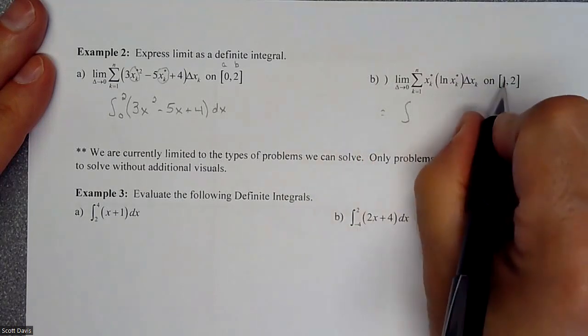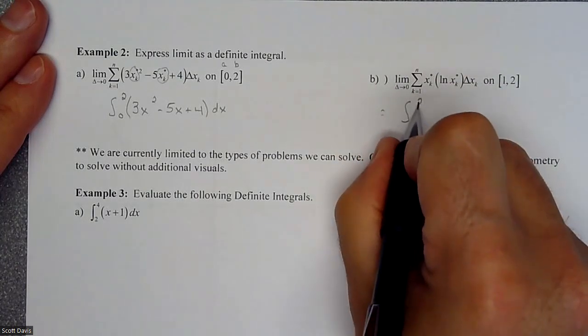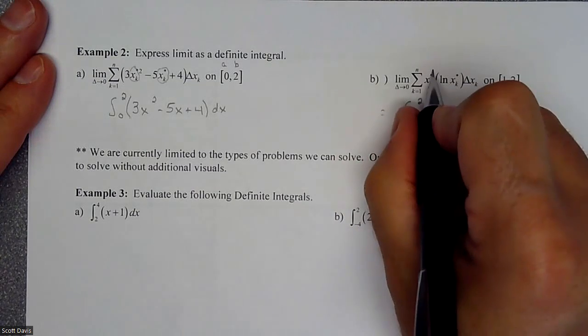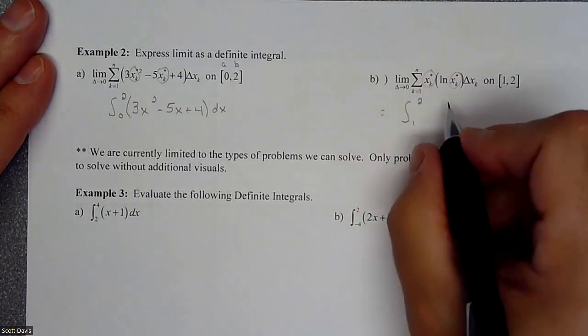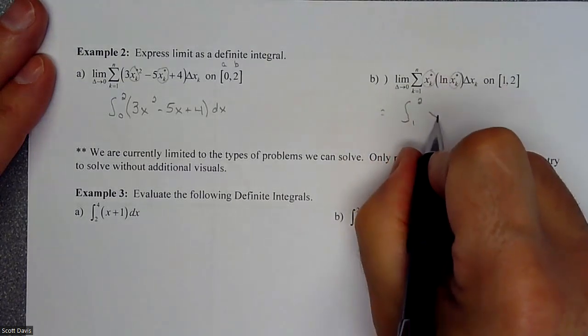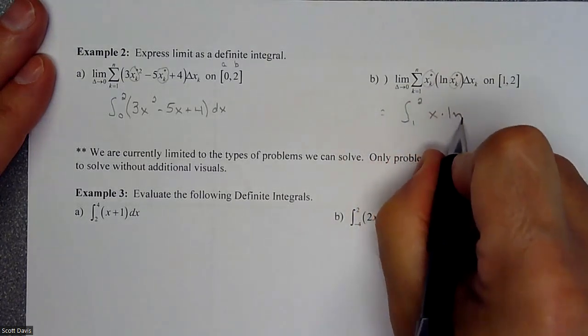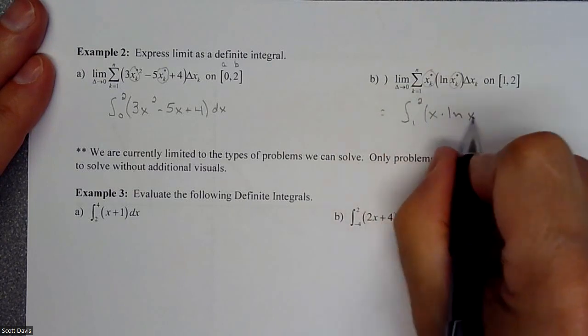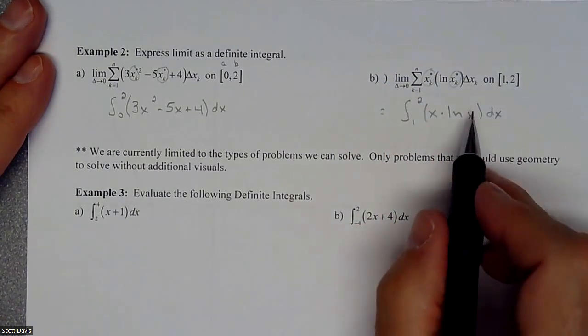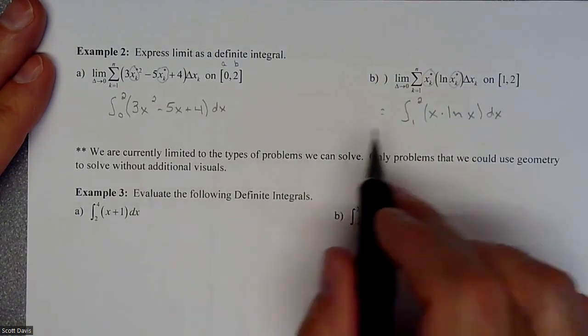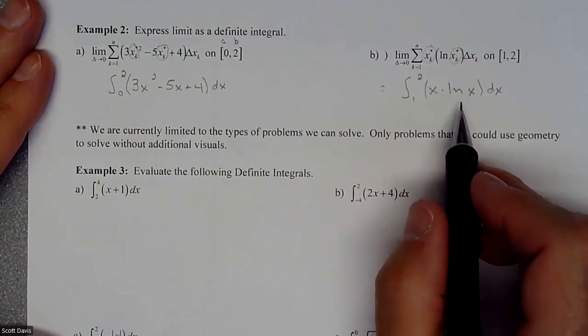I'm looking at from 1 to 2, finding the area under the curve, and this is an x, and that's an x, and that's a dx. So we have x times natural log of x dx.